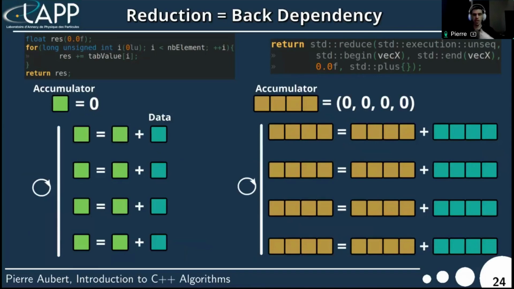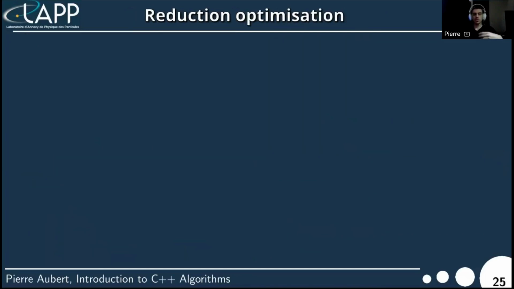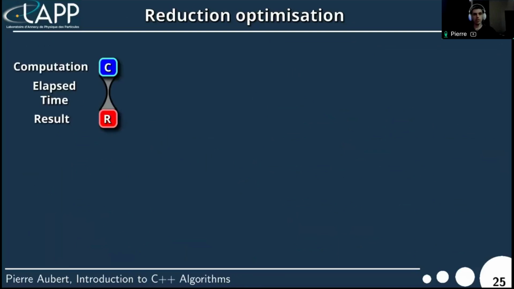But every time I want to compute the next one, I need to get the previous result. I need to wait for the previous result. And the problem is, once you want to optimize a reduction, every time you do some computation, you need to wait for a certain elapsed time until you can get the result and use it, as Adrien said in his CPU presentation.